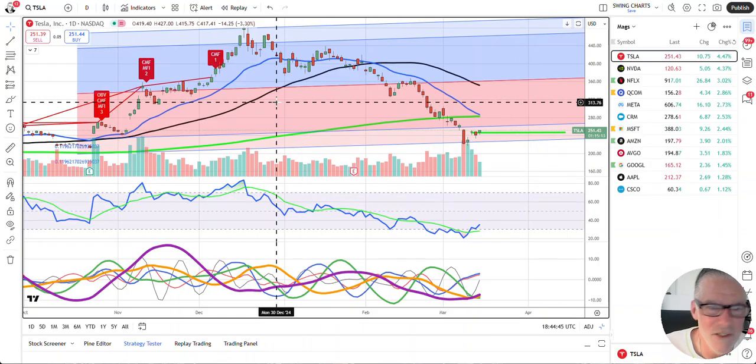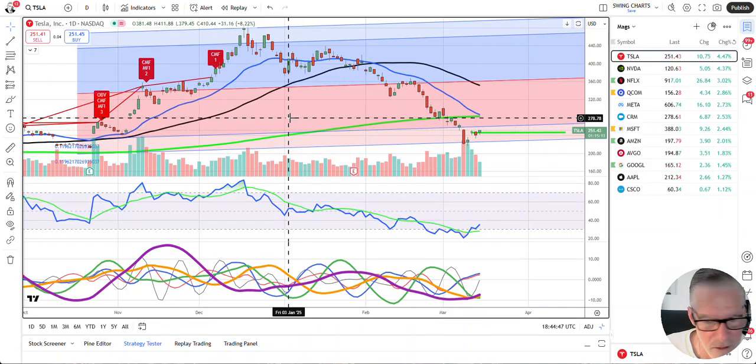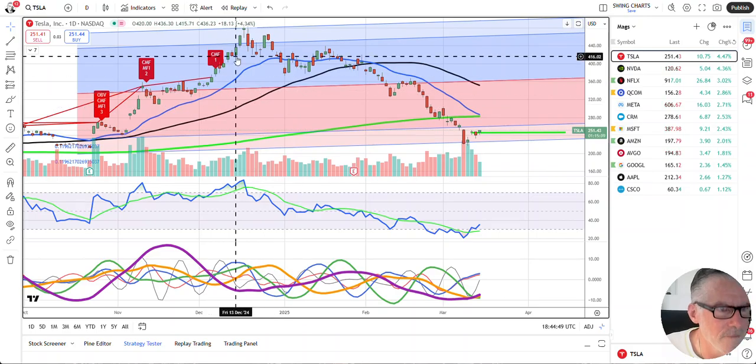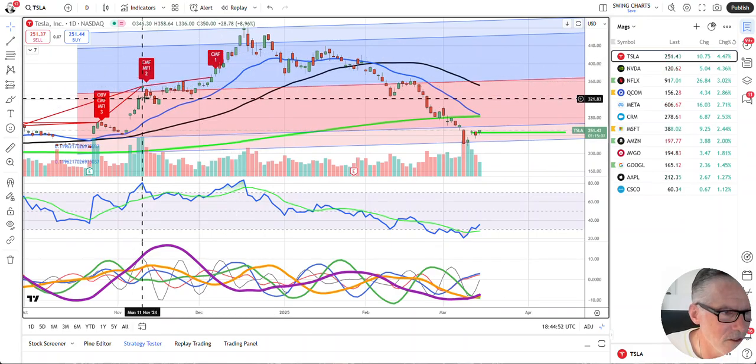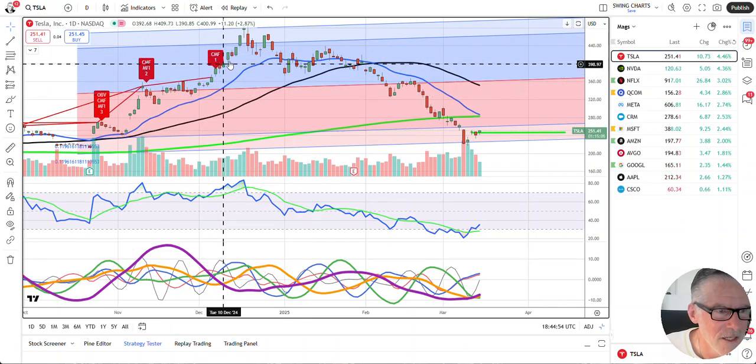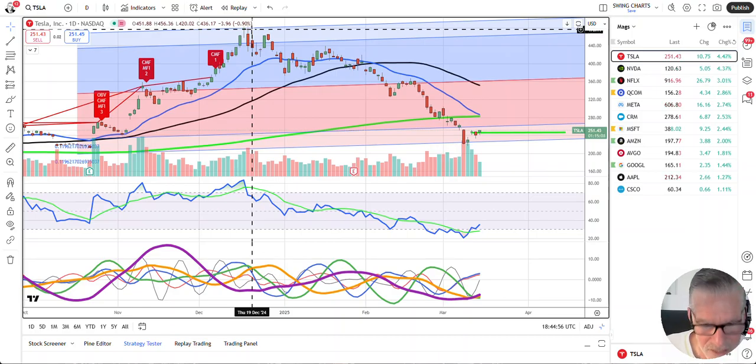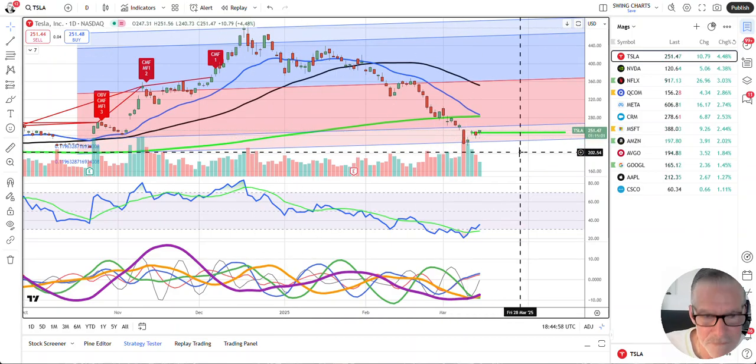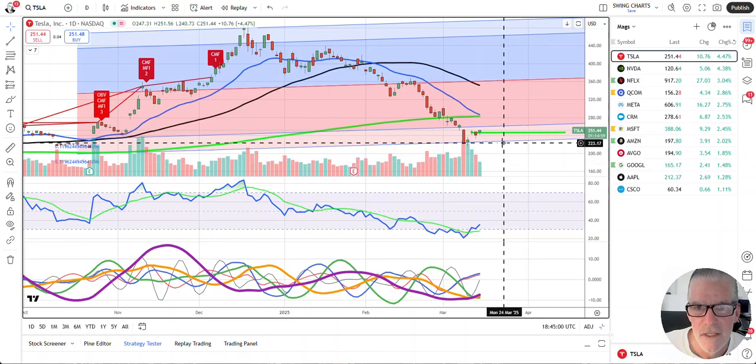This has been a long downtrend, from pretty much the election back here. It was a good month for Tesla, and then it was all downhill from there. So bounce back imminent.